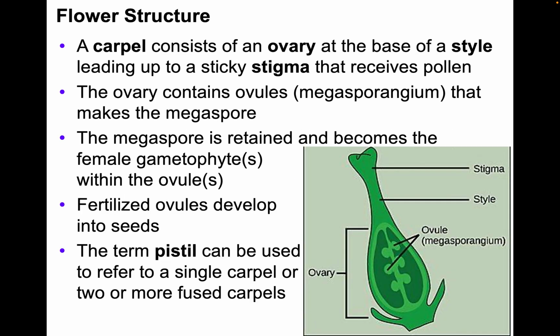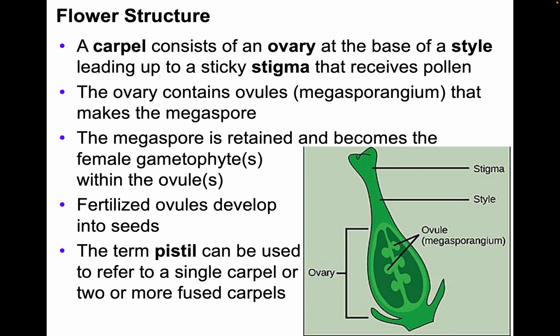Our female structure, the carpel, with its parts, the sticky stigma, the style, the ovary containing the ovules. Same time-related sequence here. These ovules started as a megasporangium. The sporangium that makes the megaspores. Those megaspores over time became megagametophytes.